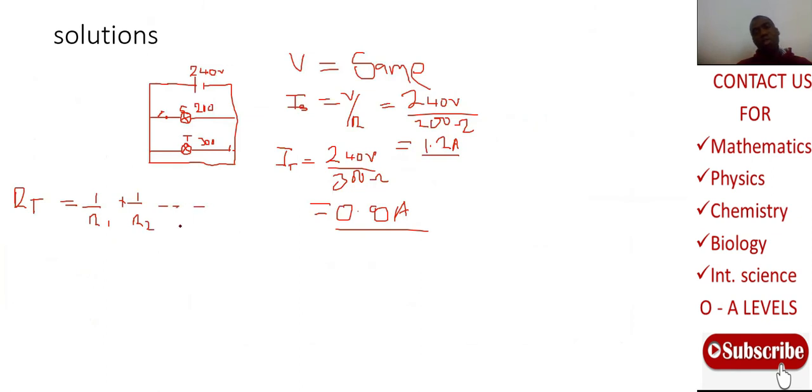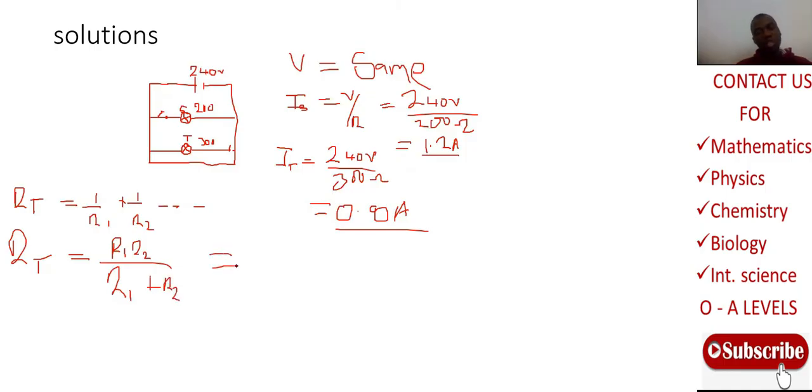But if there are only two resistors, you can use the formula RT equals R1 times R2 over R1 plus R2.